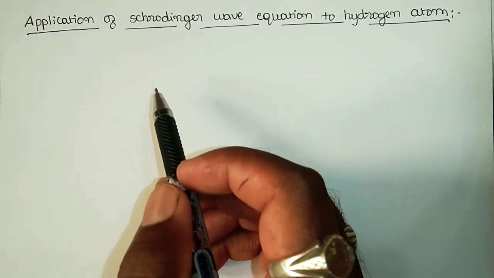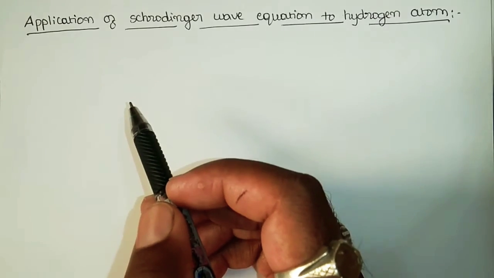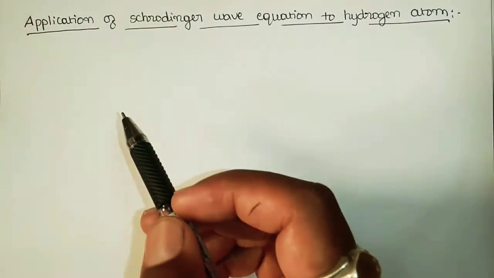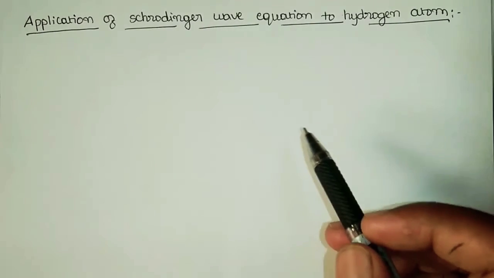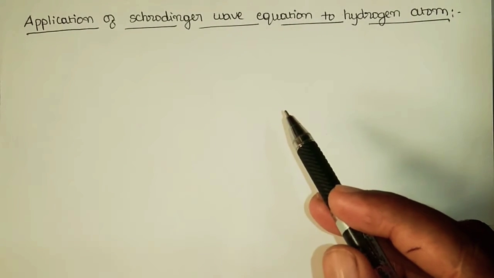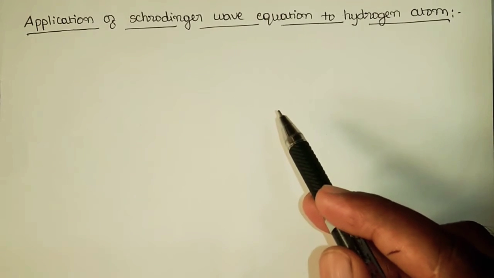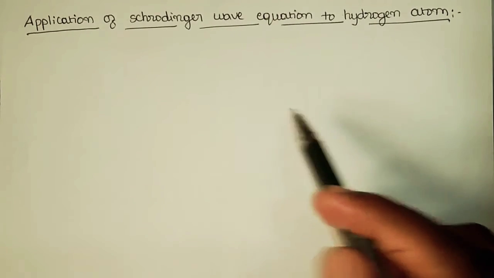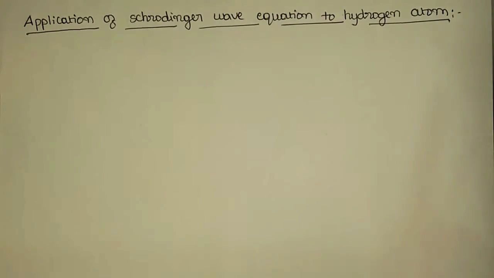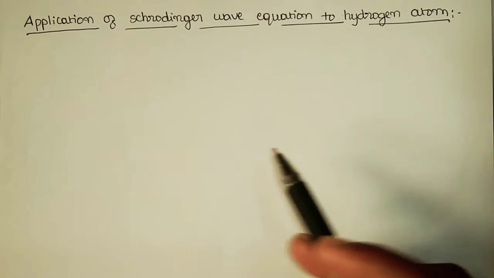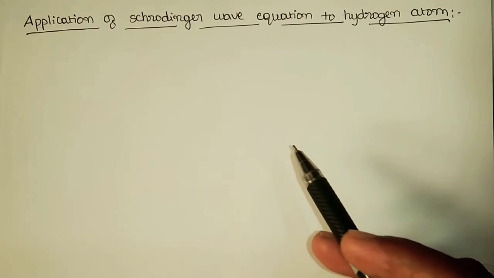So if you consider an atom, that executes the rotational motion around the nucleus, and we know that around the nucleus the movement of electron is circular, means it is exhibiting the rotational motion, and the rotation of electron around the nucleus is not restricted for only one dimension.